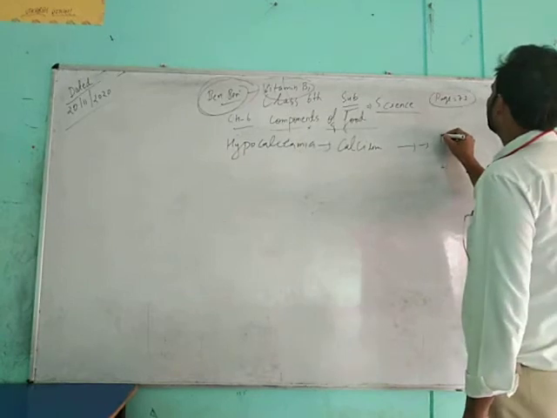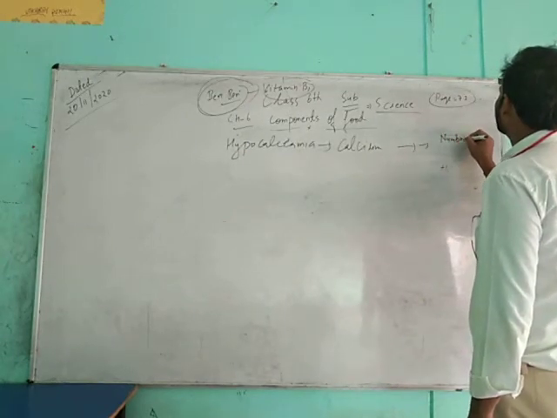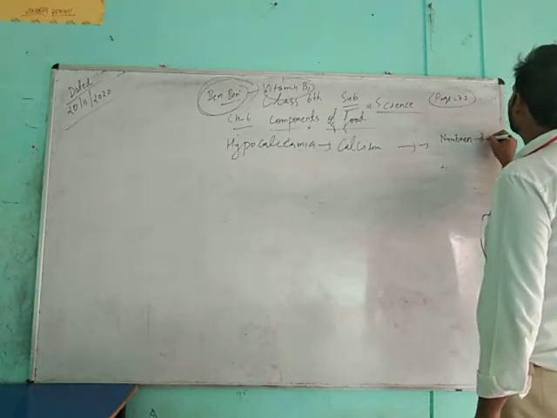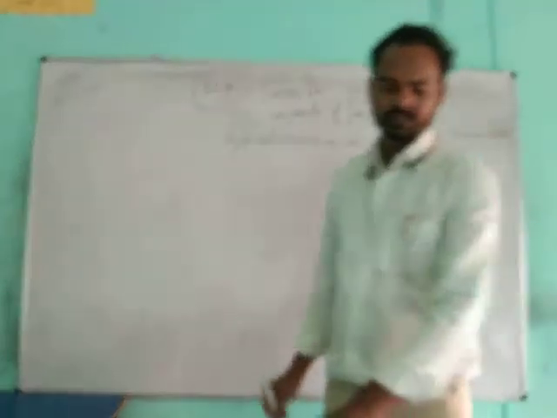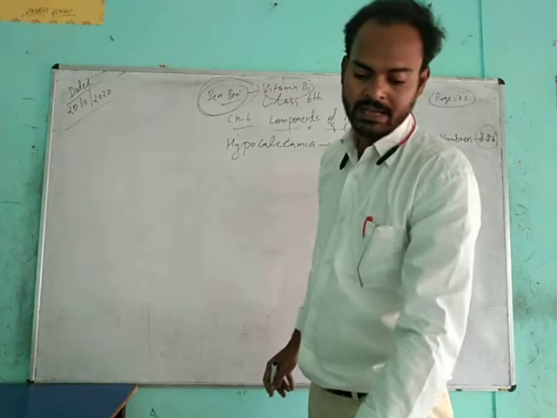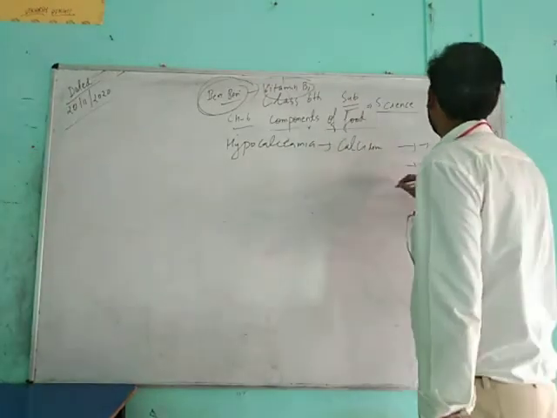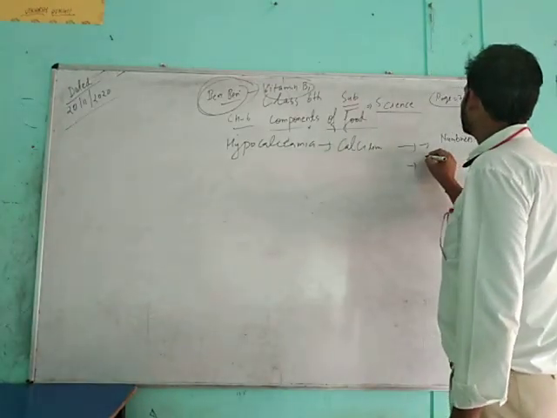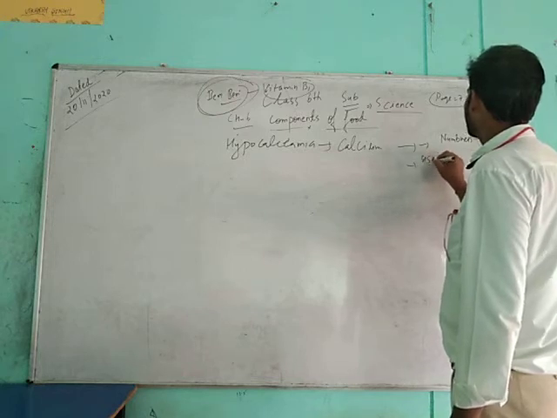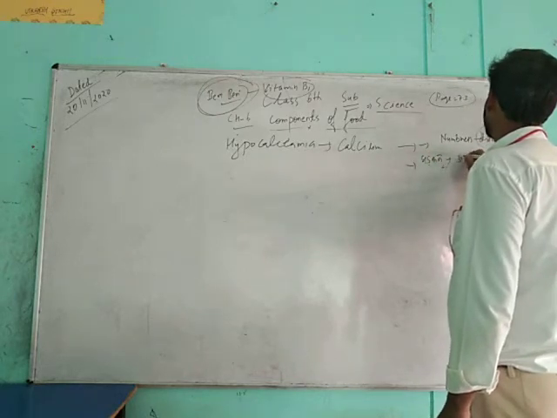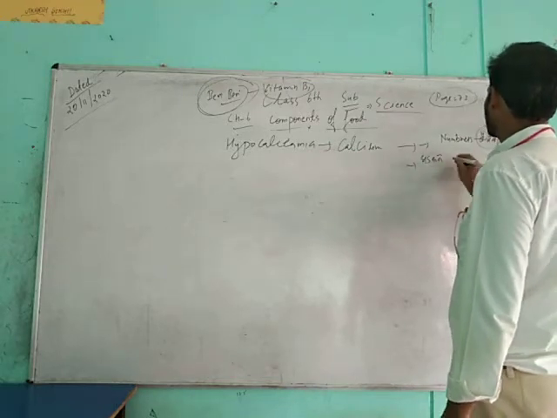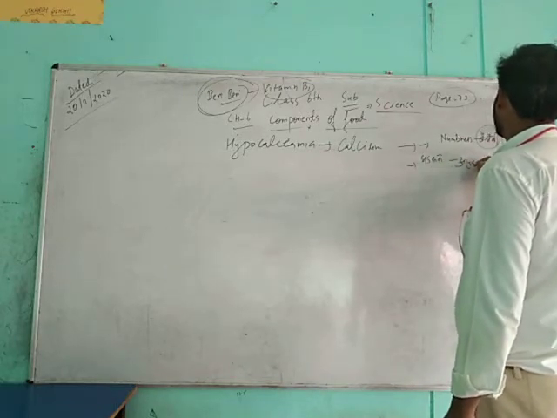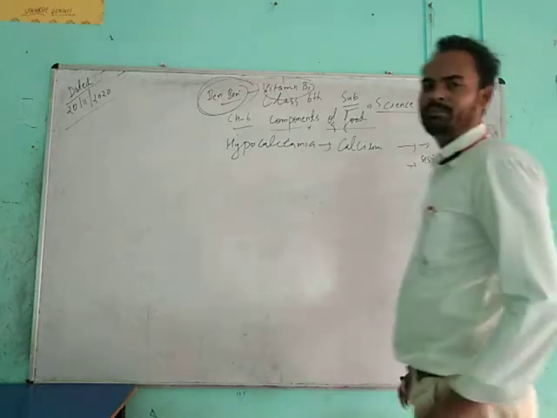Numbness means बेचैनी होगी। और क्या होगा? एबनॉर्मल हार्ट रिदम, हमारी जो धड़कन है वो असाधारण या असहज हो जाएगी, असहज.